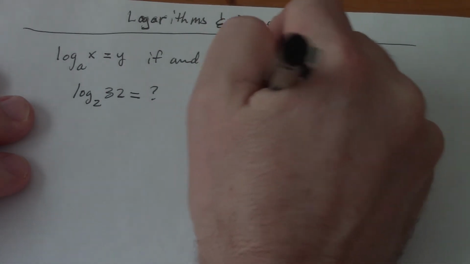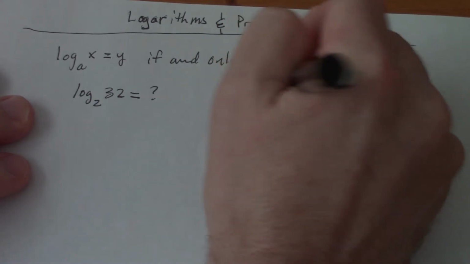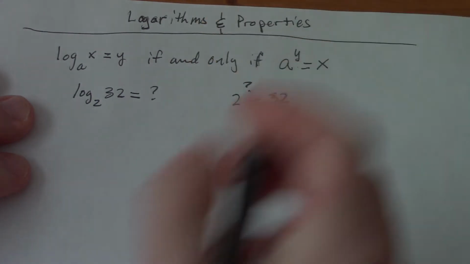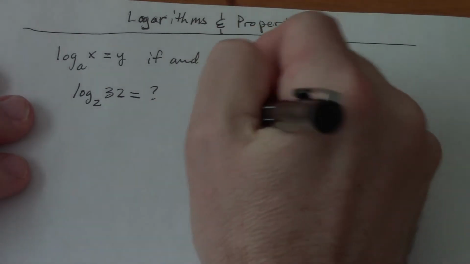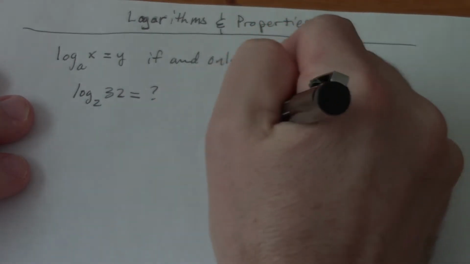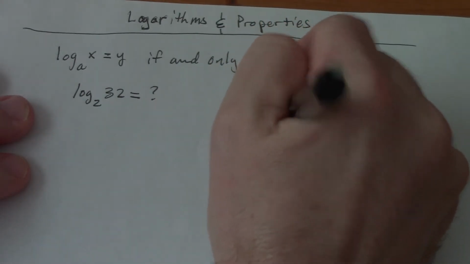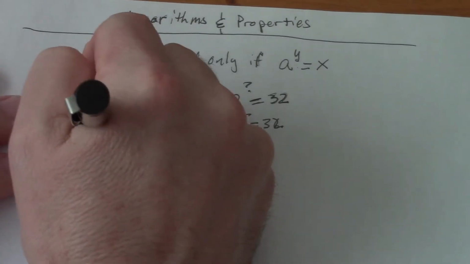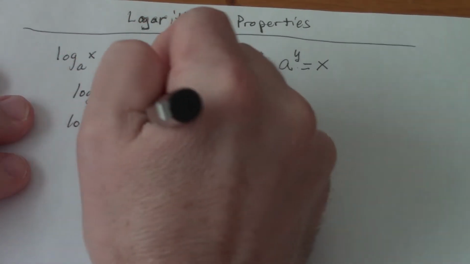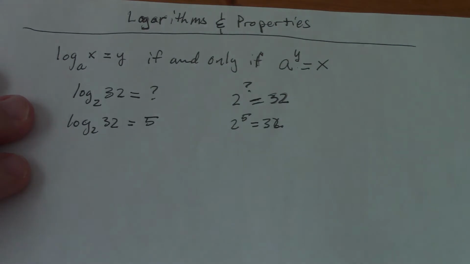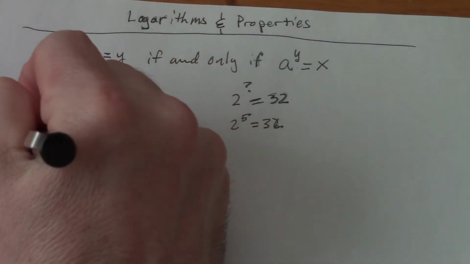You just have to figure out what you raise 2 to get 32, and the answer is 5. So 2 to the 5th equals 32, not 36. So log base 2 of 32 equals 5. Not that you're going to be doing too much of that, but that's sort of the definition.